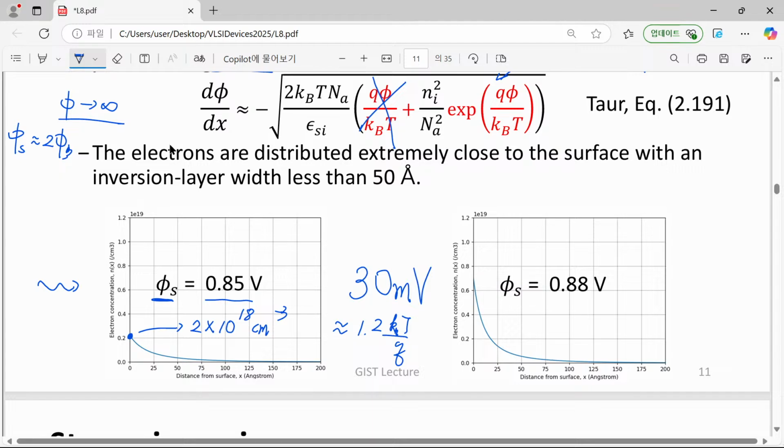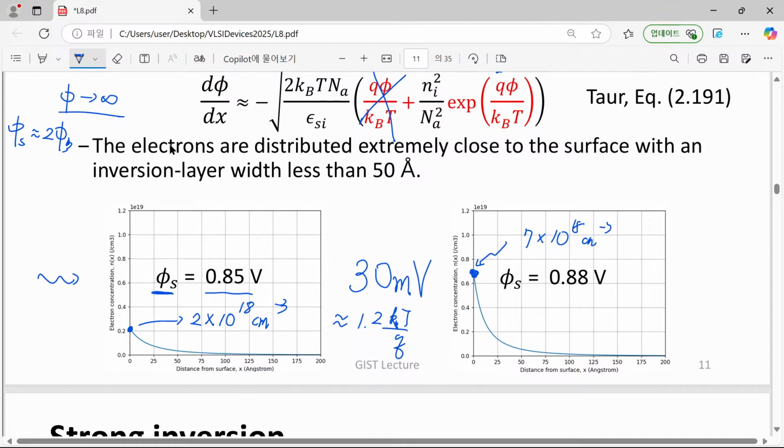And what you get here is roughly 7 times 10 to the 18 per cubic centimeter. So just by introducing 0.03 volt of additional surface bending, you now have a much higher electron density. So now your substrate becomes quite sensitive to the additional surface potential or band bending.